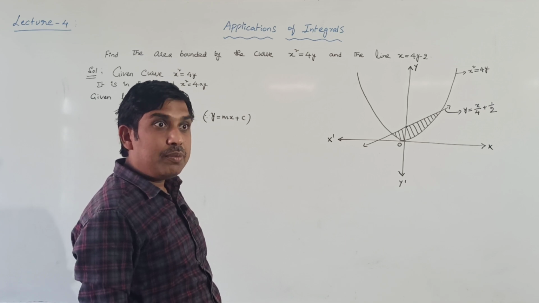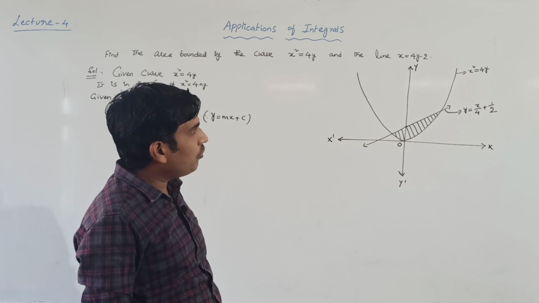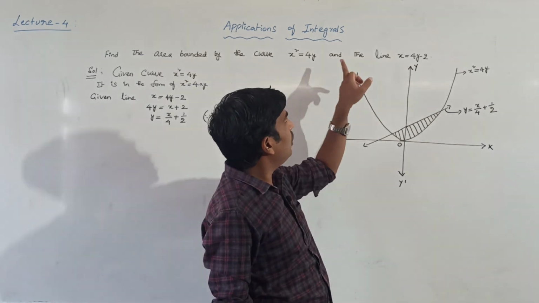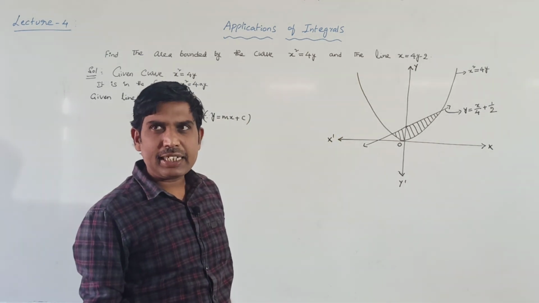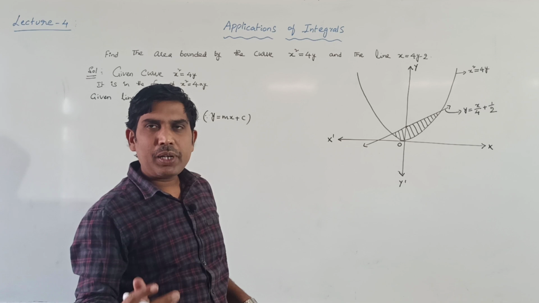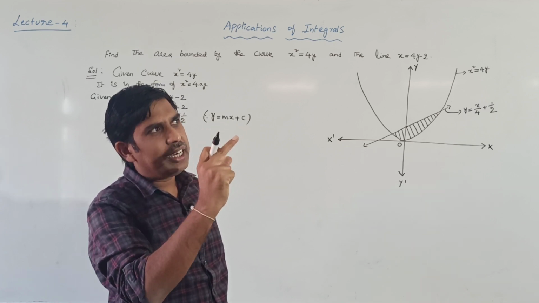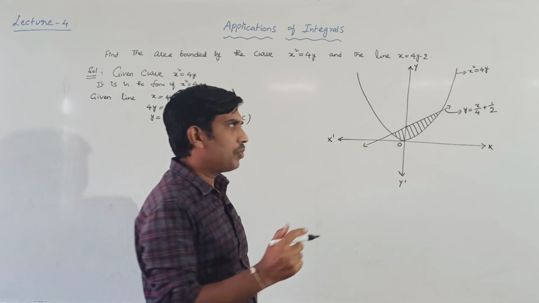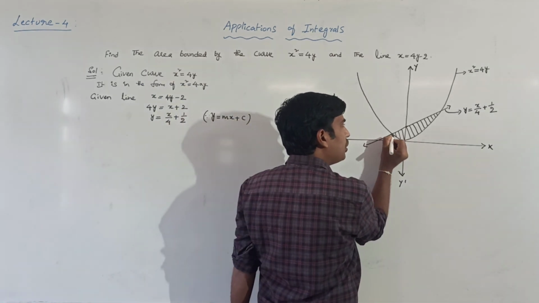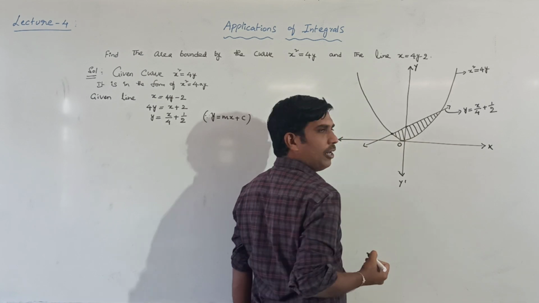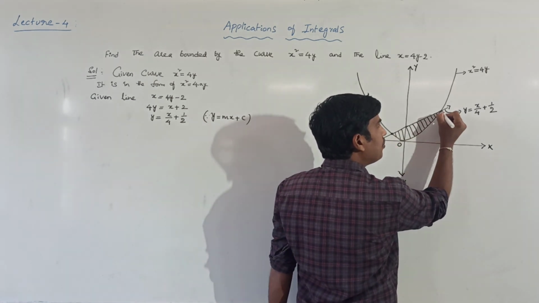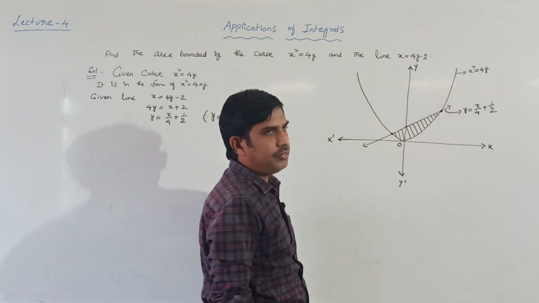Now we have to find the limits. How to find the limits? Where the curve and line intersect in the graph. In the previous problem I did it like that only. Here the curve and line intersect at two places.